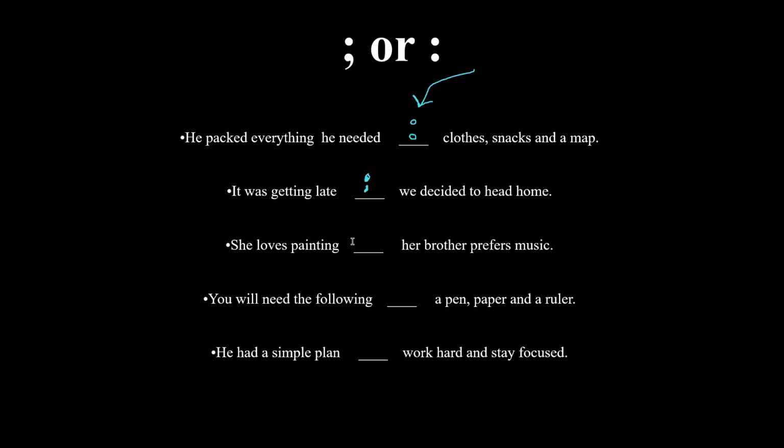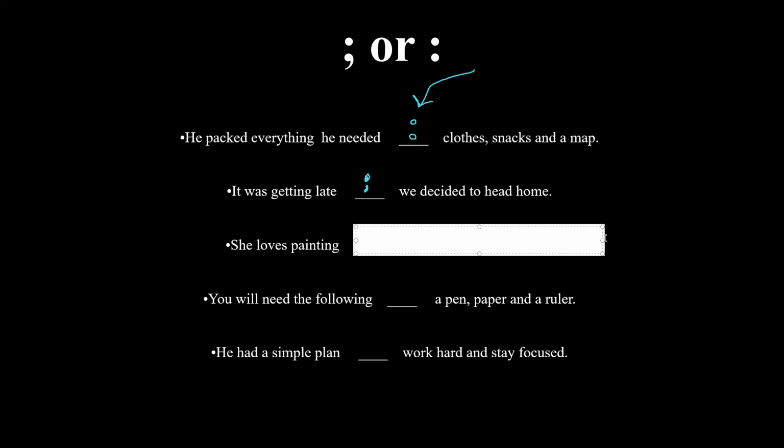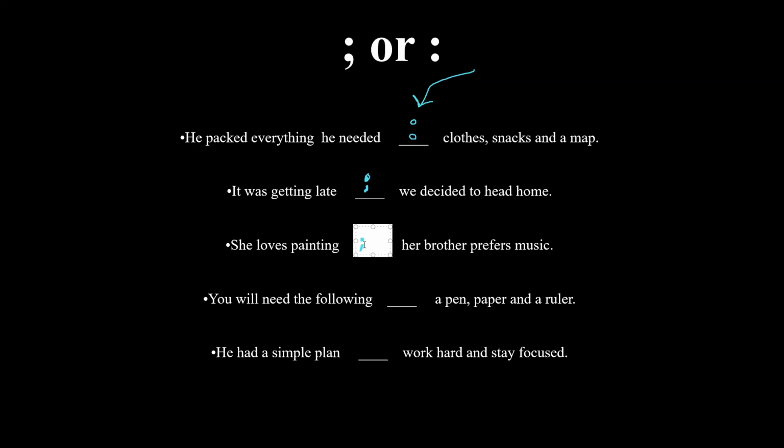The answer would be a semicolon. She loves painting. That's one clause, independent, makes sense all by itself. Her brother prefers music. That makes sense all by itself. They are related. We connect them together using a semicolon.